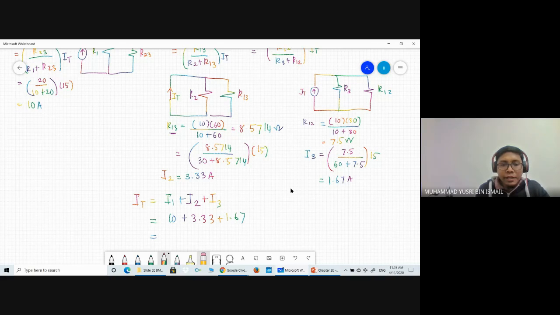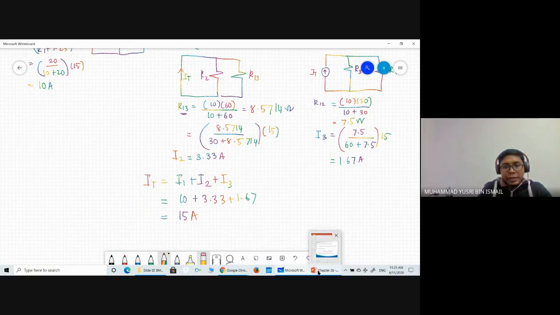So you must get a value of almost 15 ampere. That's how it works.